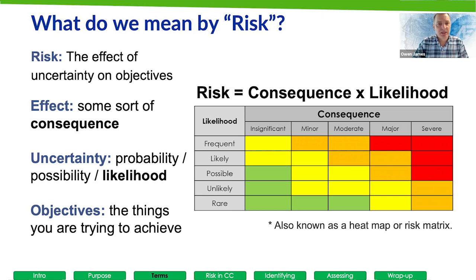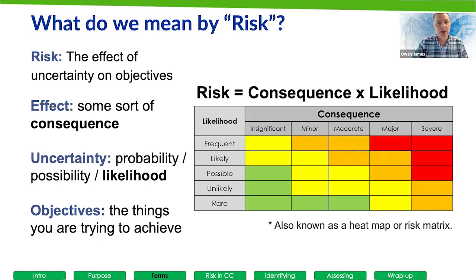So risk is really about likelihood and consequence. Whatever way round you want to express it, consequence times likelihood, impact times probability, whatever terms, it doesn't really matter. The bigger the consequence or the higher the likelihood, the higher or bigger the risk. It is common to plot it in risk space.